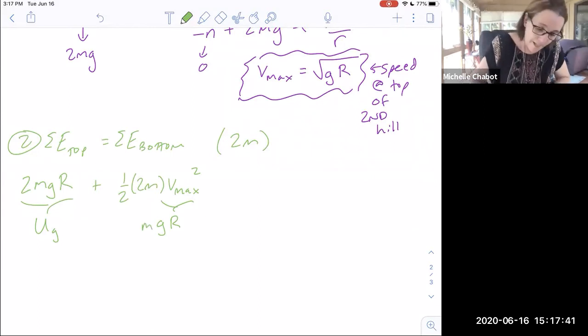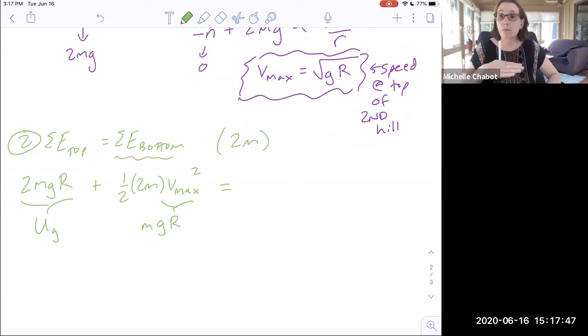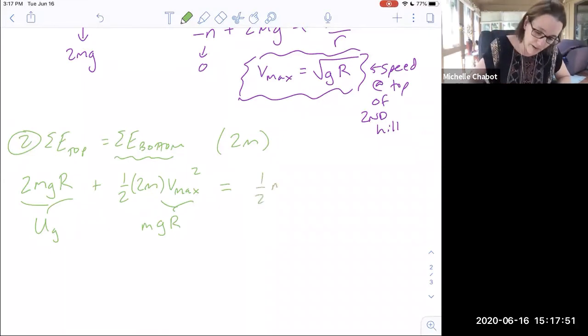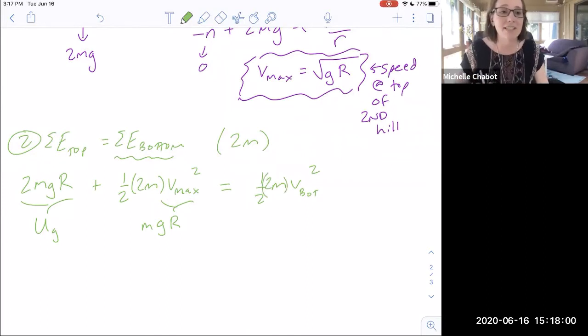Good. And then I'm going to set that equal to the sum of the energies at the bottom. At the bottom, I don't have any gravitational potential anymore. It's just the speed, so it's 1/2 m v bottom squared. And that m, again, will be 2m. You can see how easy it is to leave it out. So just remembering that that's the total mass stuck together is important.